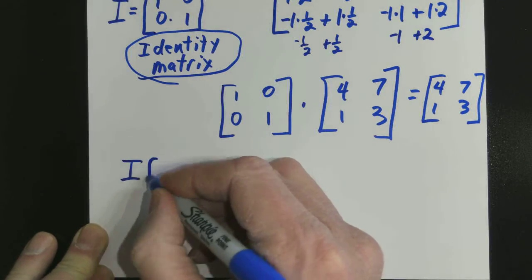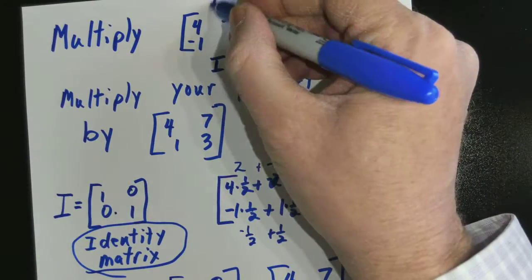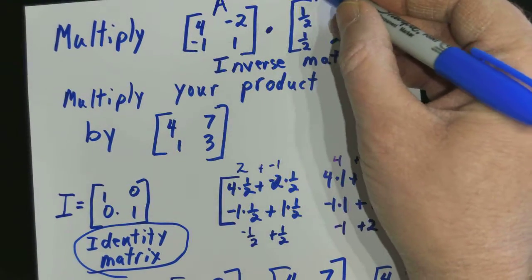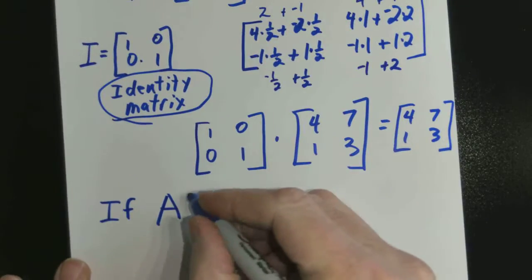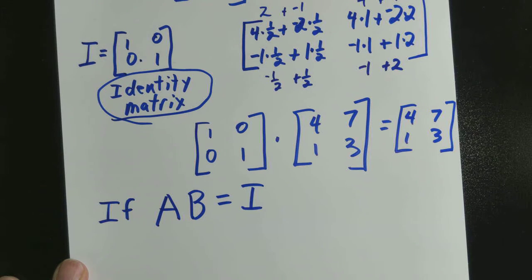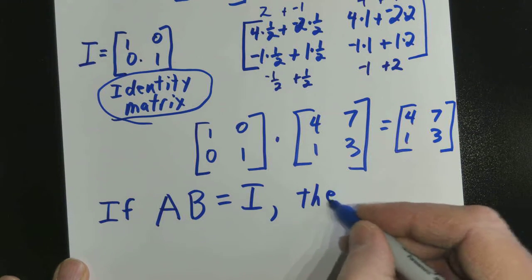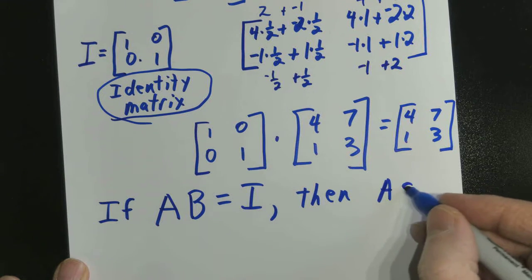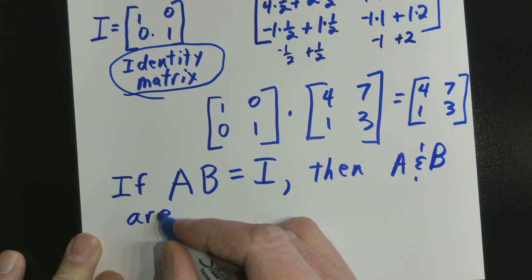If A, let's say this is matrix A here, and this is matrix B here, if A times B is equal to the identity matrix, then A and B are inverses.